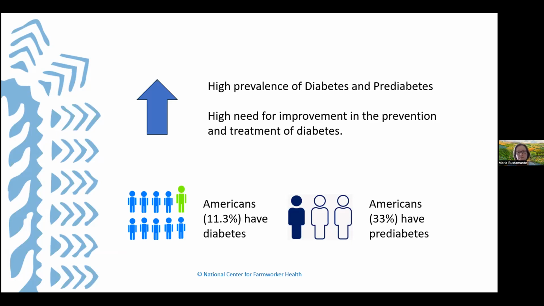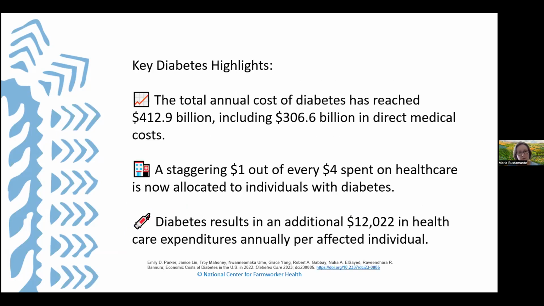And it's just been released also some more statistics, and Megan shared it in the chat. It's an ADA article of the economic cost of diabetes, the American Diabetes Association.